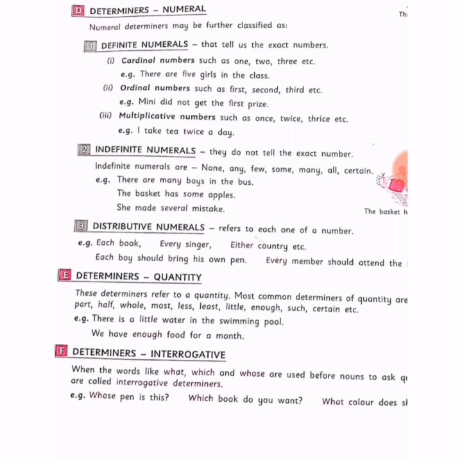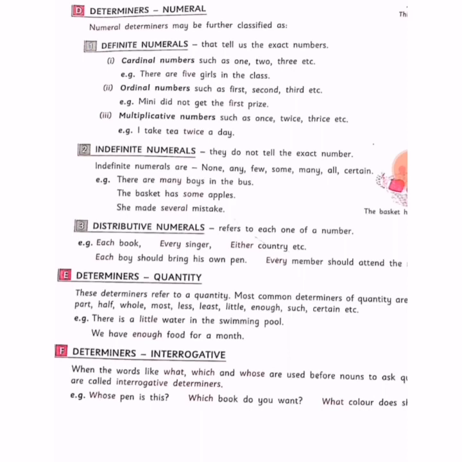Indefinite numerals are none, any, few, some, many, all, certain. Like, there are many boys in the bus. There is no particular number there. The basket has some apples. She made several mistakes. So many, some and several are indefinite numerals.